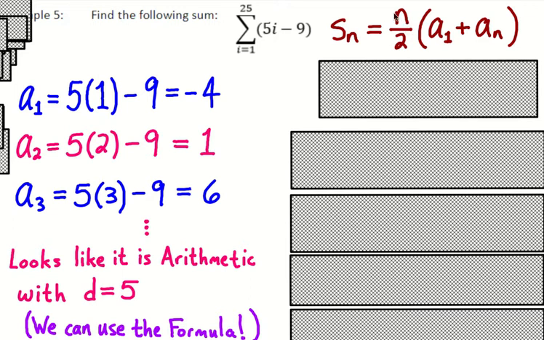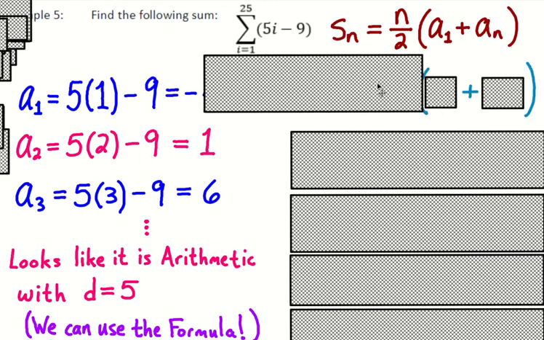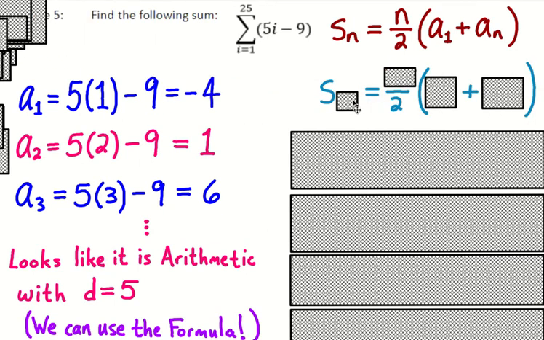Anyway, my n value is what? Now I'm going back to my formula. Here we go. Let's really get going on this. My n value is 25 because I'm adding the first 25 terms. So there's 25. A sub 25, right? The 25th term. I'll get to that in a second. The first term is what? How do I figure out the first term?